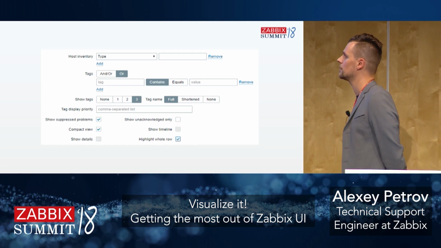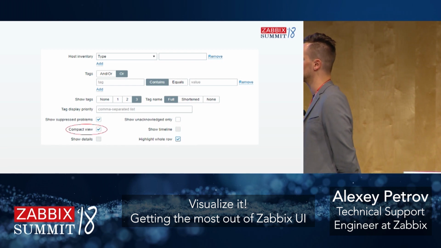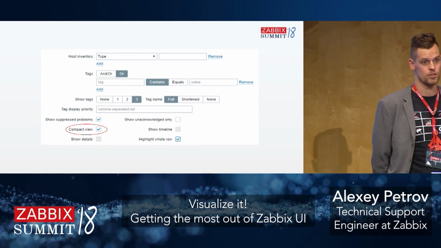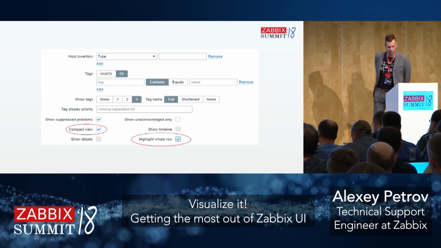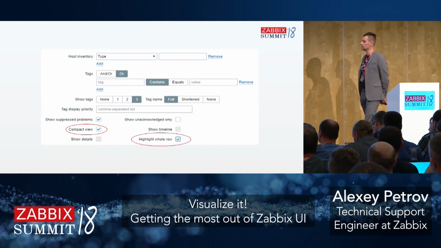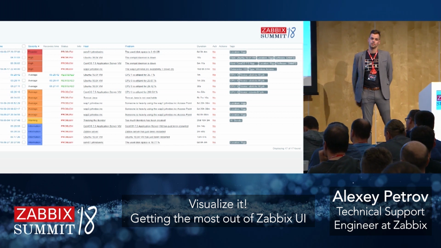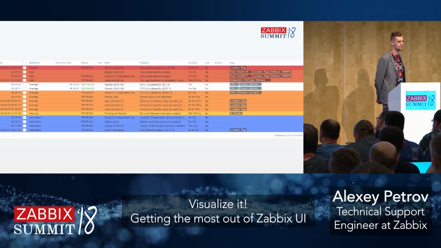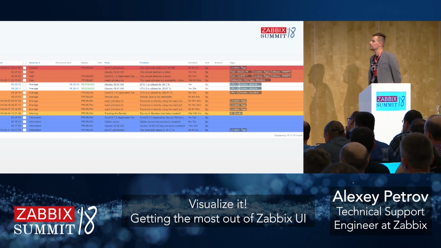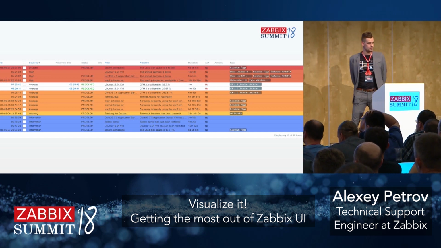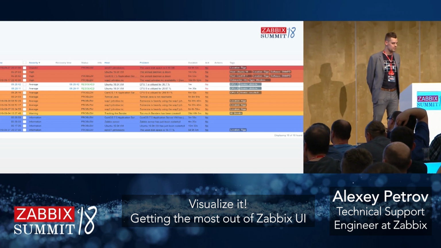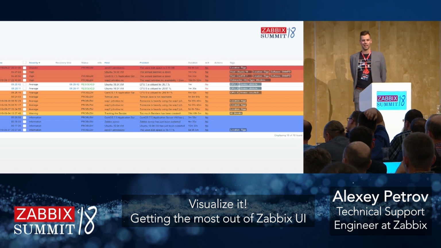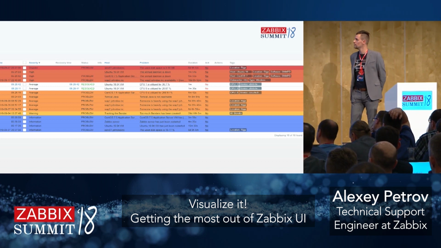If you click on the compact view, which, as Alexey said, can contain up to 50 on the same page, which is really nice, and my favorite one is highlight the whole row, it will make this problem view look like this. A lot more compact. You can really highlight the things that you have right now, and it is easier to find the resolved issues because it highlights or not highlights the whole row in such a situation.